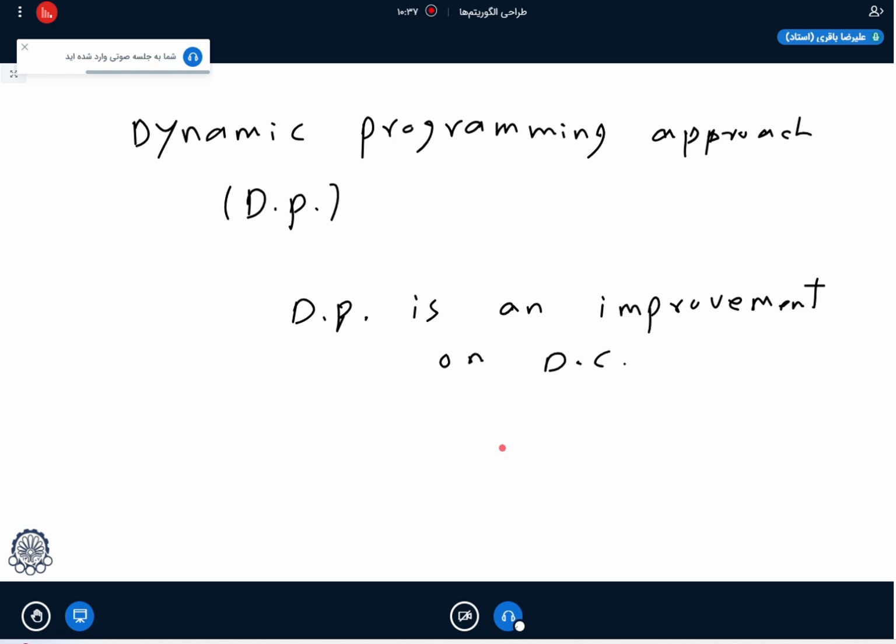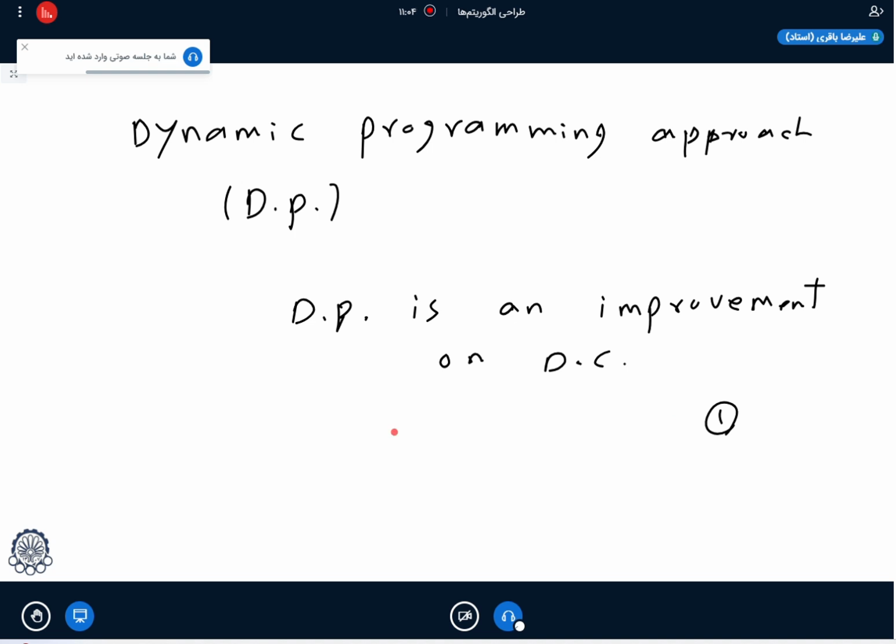How DP improves DC? In DP, we consider a data structure in memory for saving the solutions of the subproblems.